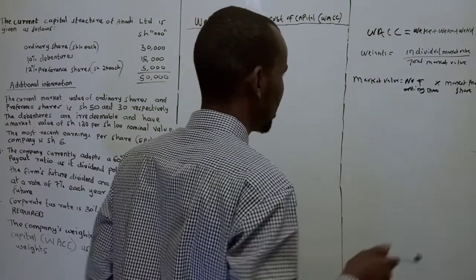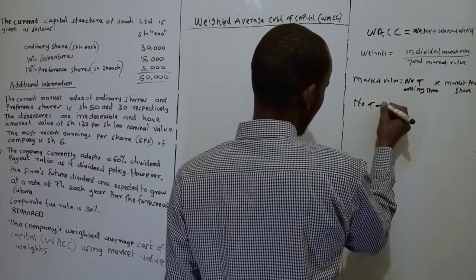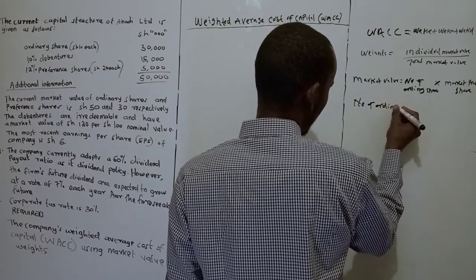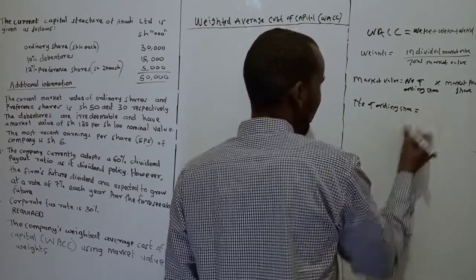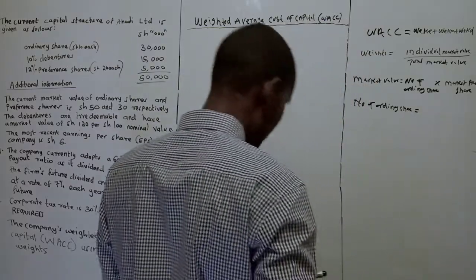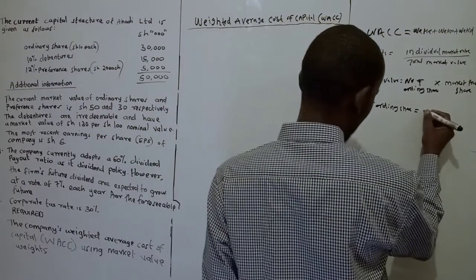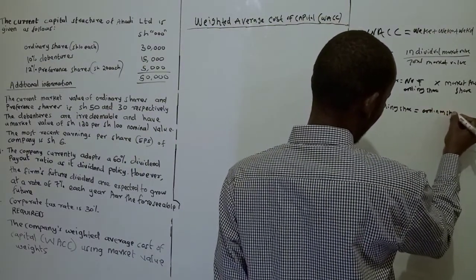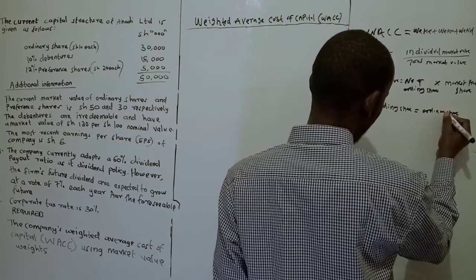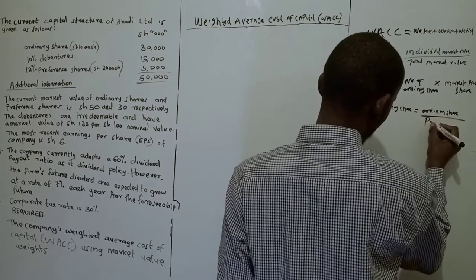And how do you get the number of ordinary shares? For you to get the number of ordinary shares, we take the ordinary share capital, then you divide by the par value.